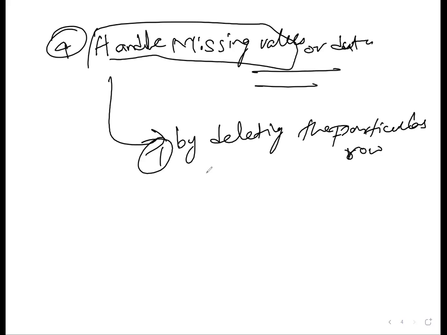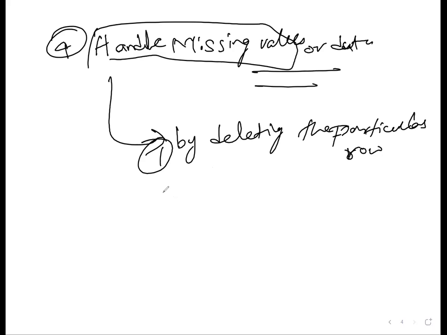In this way we just delete the specific rows or columns which contain null values. But this is actually not so efficient, and removing data may lead to loss of information, which will not give accurate output.